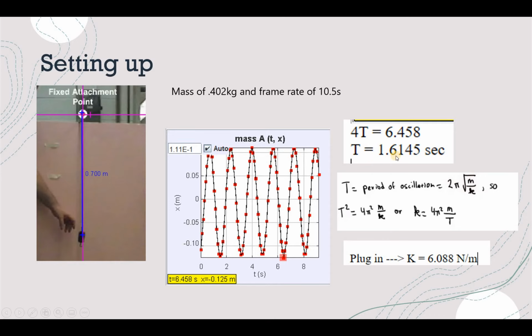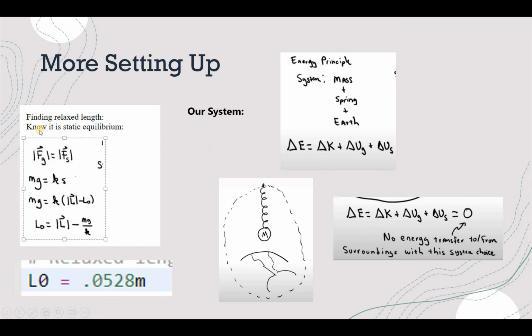Now with this info, we can find our spring constant by this equation, which is going to equal 6.088 newtons per meter. And then we're going to look for our relaxed length, and we know that it's going to be static equilibrium, so Fg equals Fs, and then we just isolated for L0, which is our relaxed length.